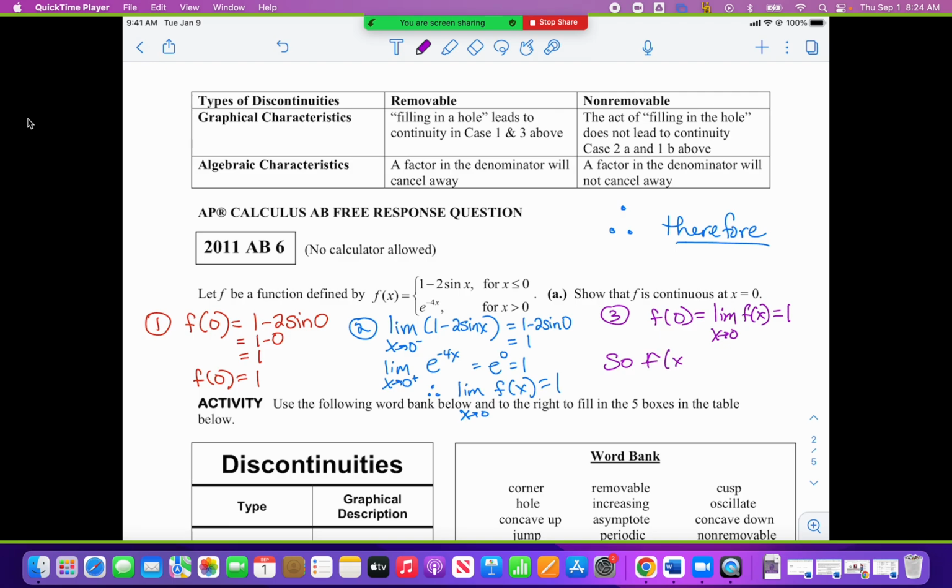So f of x is continuous at x equals 0. So every single time you are asked to show f is continuous, you need very, very clearly these three things. Okay?